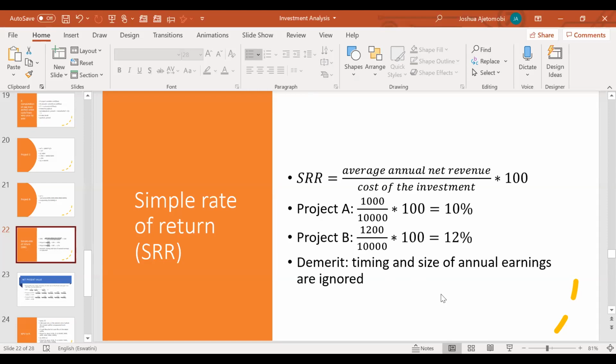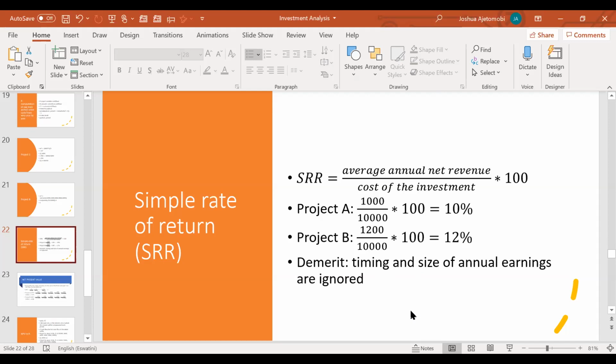There shouldn't be any problem. Divided by 10,000. So, okay. Why is it taking us too long? I have it, Prof. Yeah, that's great.